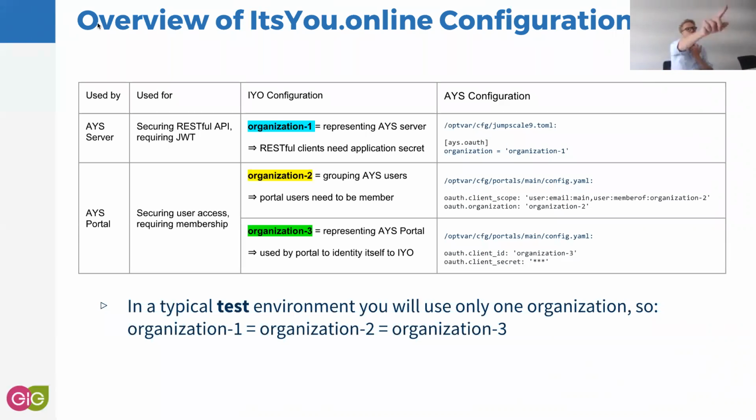And for each of the organizations, there is some configuration to do, all documented. Now, that being said, typically for a test environment, you will use one single organization, and the guys that are member of the AYS organization, the at your service organization, that can log in the portal, will typically also be able to use the RESTful API.